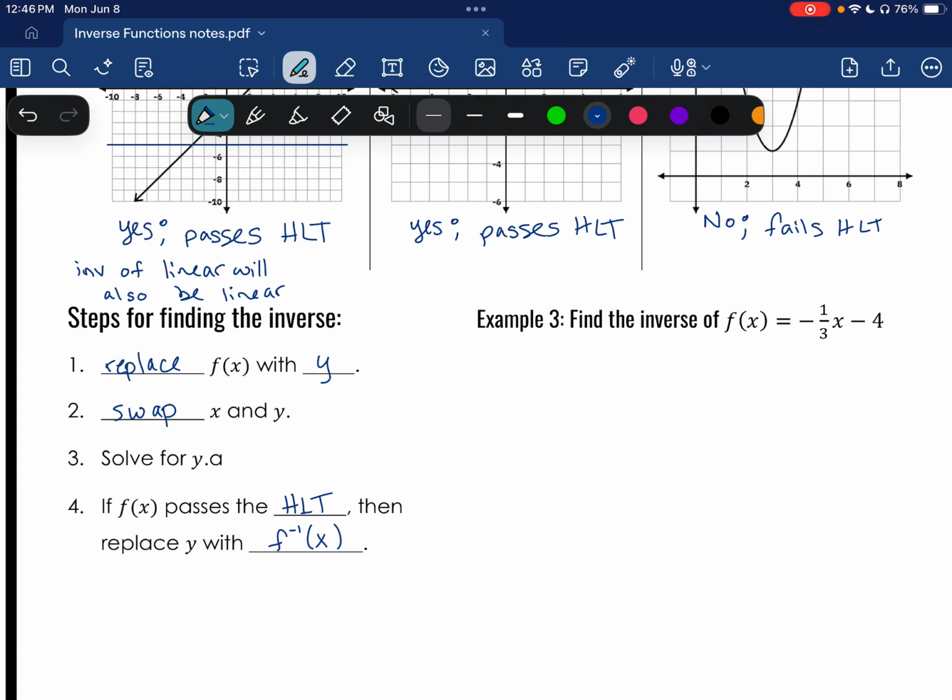That negative 1/3, I'm going to multiply both sides by 3.